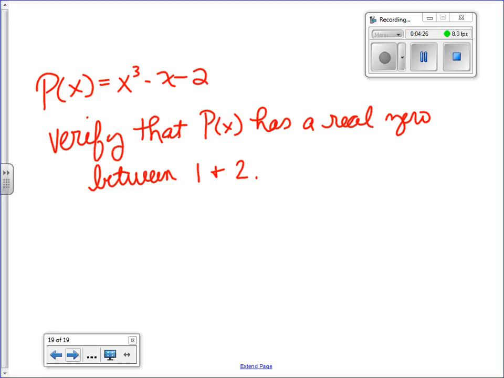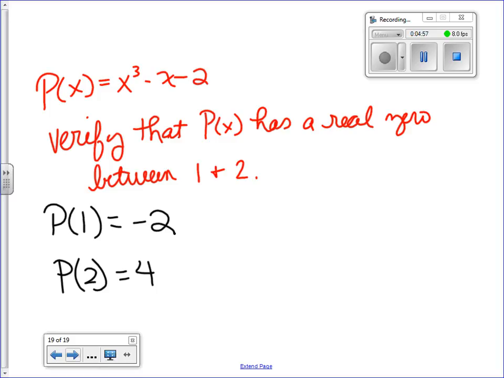Okay? What's p of 1? What's p of 2? I did not get negative 4. I got 4. Alright, a negative, a positive.